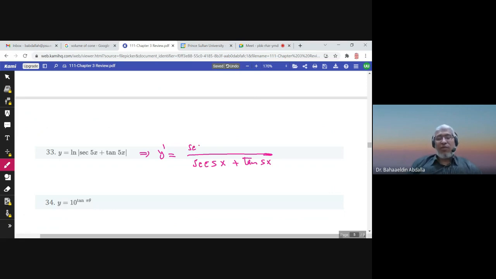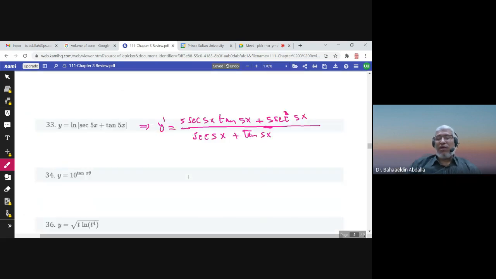Secant 5x derivative is secant 5x tan 5x times 5, the derivative of 5x, plus derivative of tan is secant square 5x times the derivative of 5x, which is 5. And I can stop here. Let me think. If I take 5 secant x as a common factor, yeah, I can.